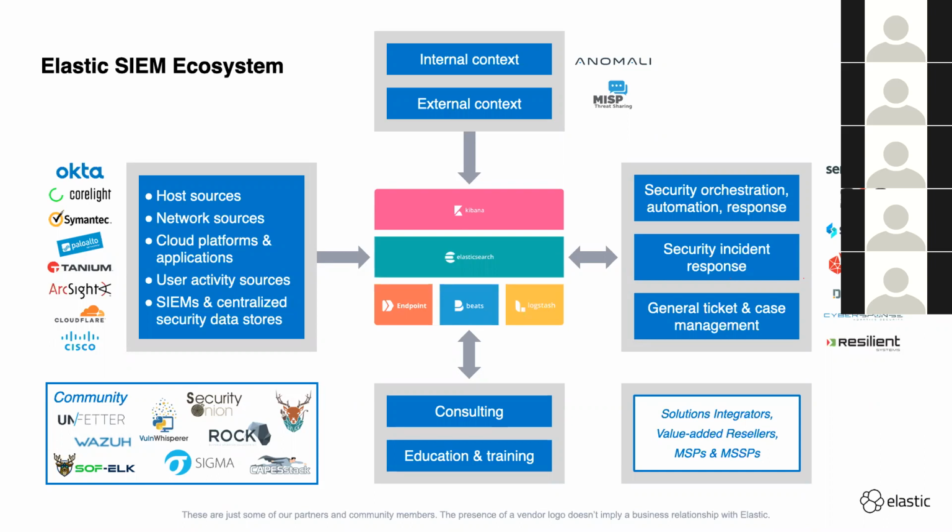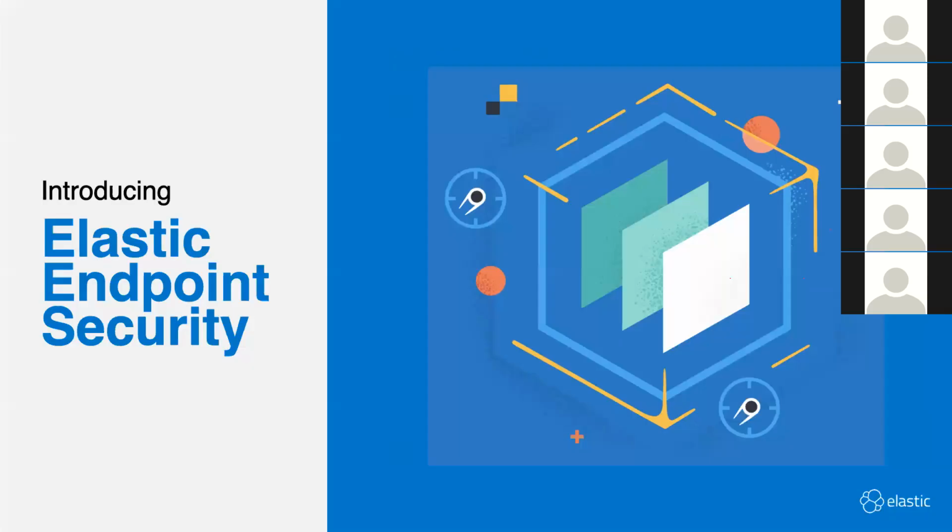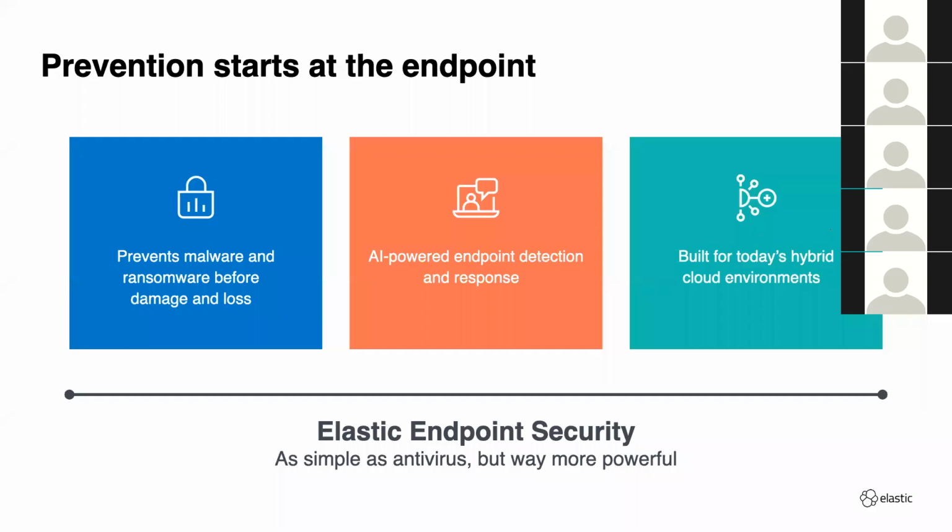Let's start with a look at Elastic Endpoint Security and what it's bringing to the party. As I mentioned before, it was Endgame, a company that joined Elastic last year.